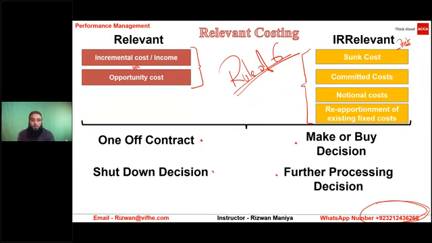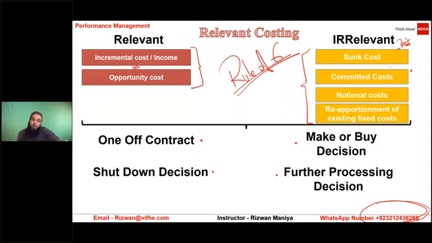Like the subscription fee that you have paid at the start of the year is not relevant. It's a past cost, and it's not relevant for the decision of whether you give the exam in September or not. So that subscription is not a relevant cost because you have already paid for that, and that doesn't relate to the decision. So it's a past cost, not relevant.